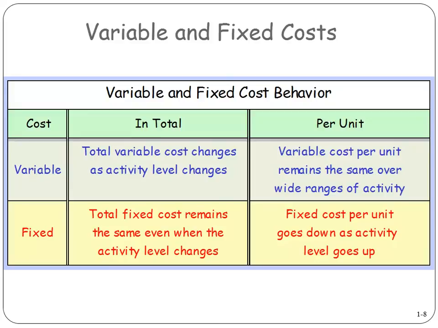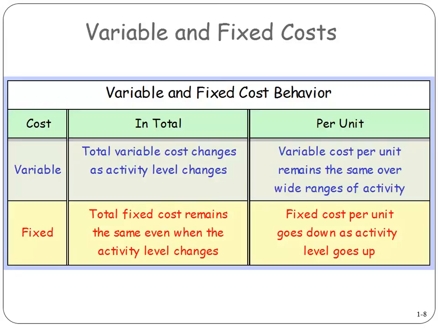Okay, variable and fixed costs. Variable costs change along with the activity level. You sell 1 unit, it costs $5. You sell 2 units, it costs $10. It varies with the level of activity.